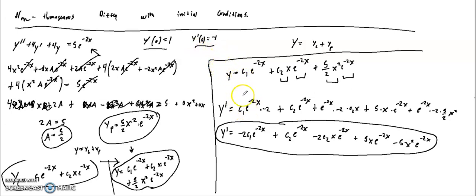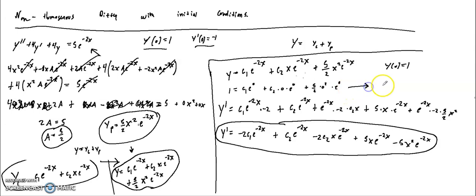So, let's do that. Let's get rid of these little scoops right here. And we'll start with the initial condition for just regular y. So, y of 0 equals 1. So we get 1 equals c1 e to the 0 plus c2 times 0 times e to the 0 plus 5 halves times 0 squared times e to the 0.